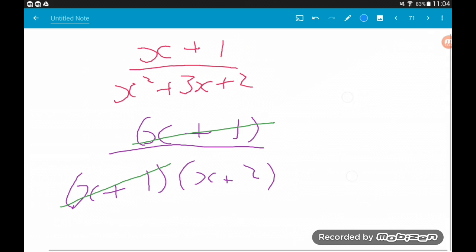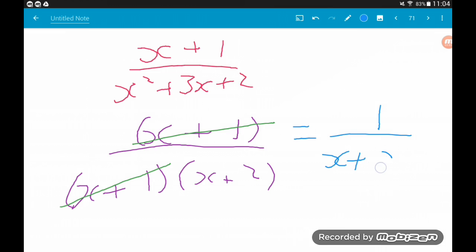Remember, (x + 1) divided by (x + 1) is going to leave us with 1. So we're going to be left with 1 over (x + 2). With that one there, we did have to factorise before we could simplify, and that's a very common thing that we have to do.